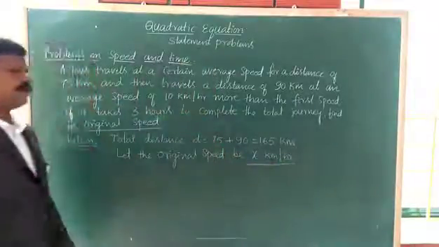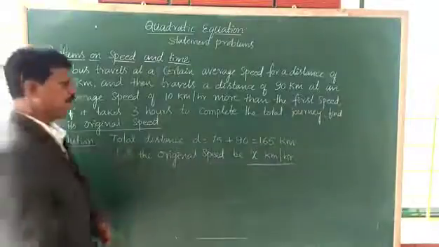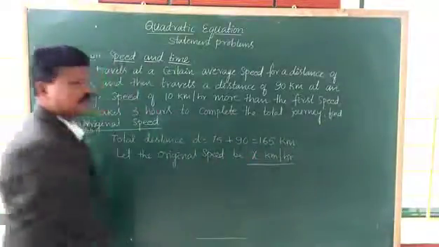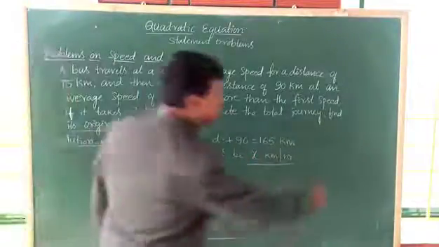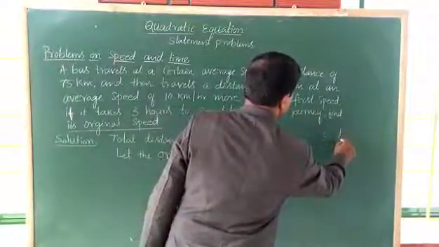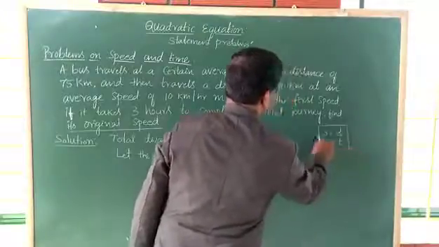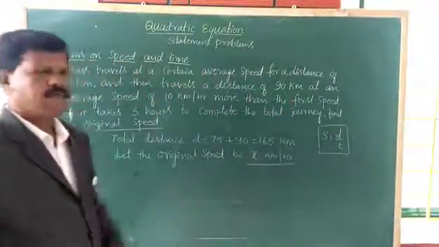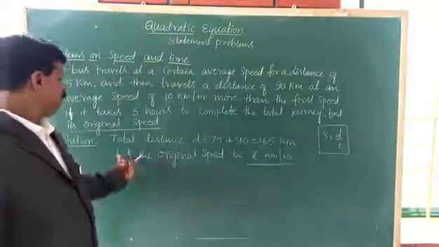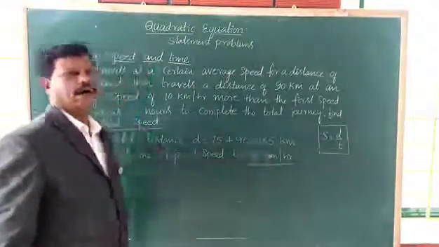Let us take the original speed of the bus. So here you know that in physics speed is equal to distance divided by time. That means speed is equal to distance traveled by time taken. Now let the original speed be x kilometer per hour.